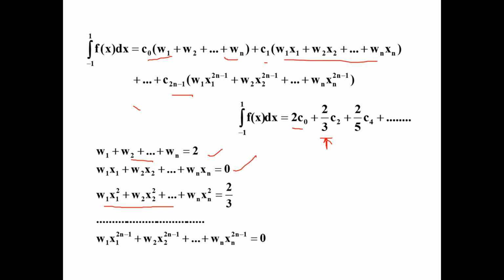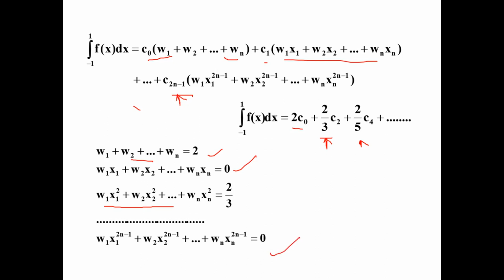So then x to the power 4 terms will be equal to 2 upon 5, and so on. And the last, because if we see it's an odd number, because odds are 0, C1, C3 and C5, these are 0. So this odd, it means coefficient of C2n minus 1, this is also 0.